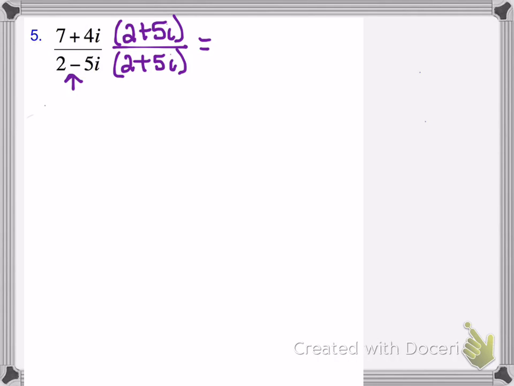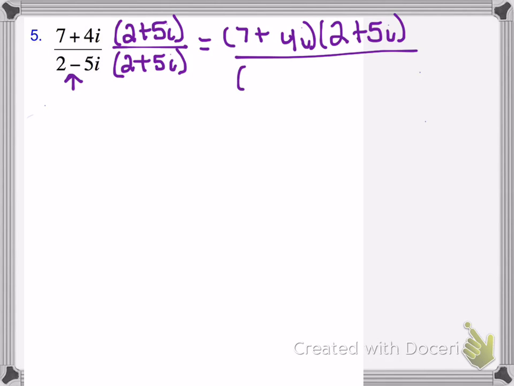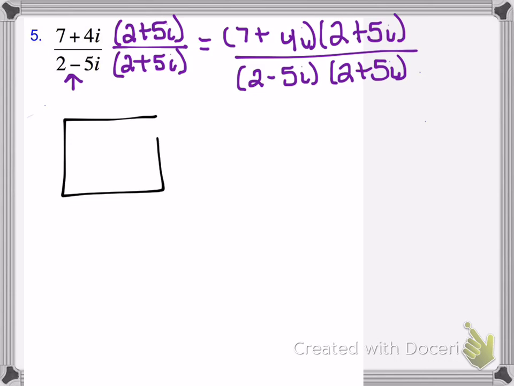When you multiply two fractions together, remember you multiply them straight across. So really what I have is 7 plus 4i times 2 plus 5i in the numerator. And now in the denominator, I have 2 minus 5i times 2 plus 5i. Well, what happens is I'm going to have to make two generic rectangles, one for the numerator and one for the denominator.